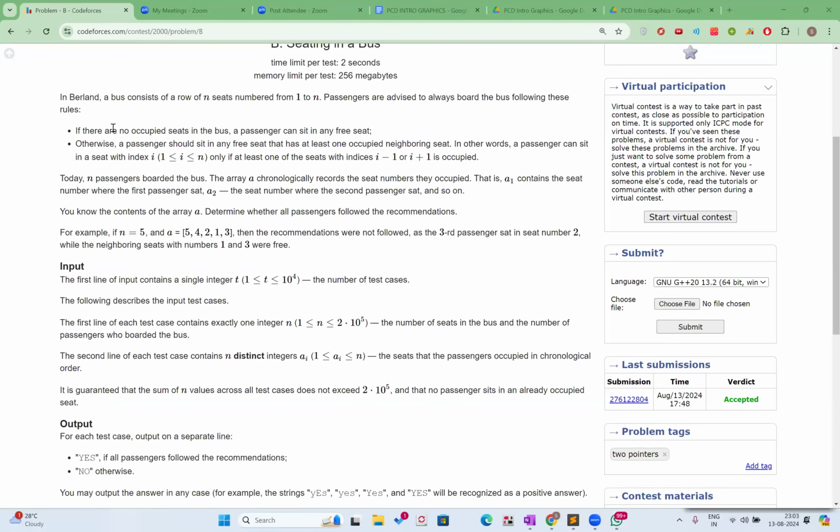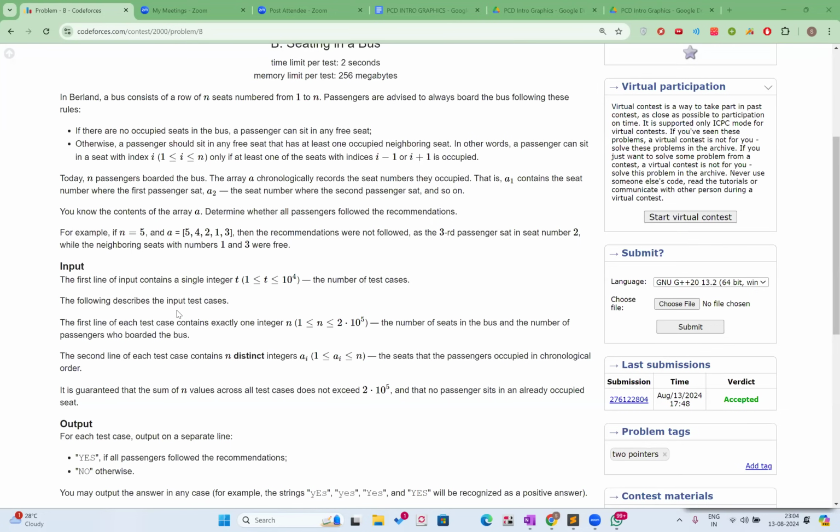If there are no occupied seats, the passenger can sit in any free seat. Otherwise, if there is any occupied seat, then he should sit such that either the right seat of it or the left seat of it is occupied.